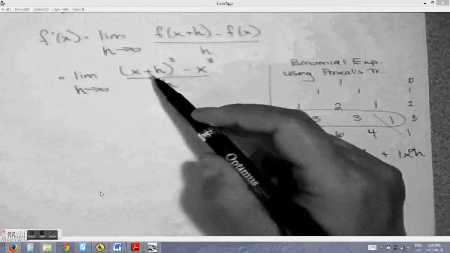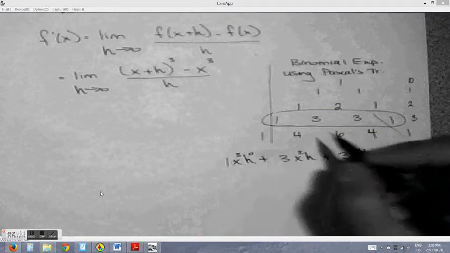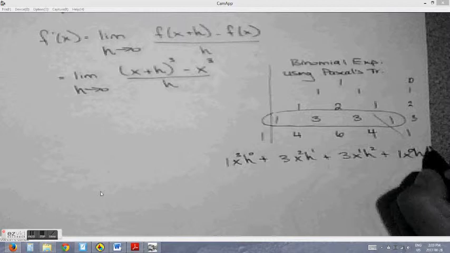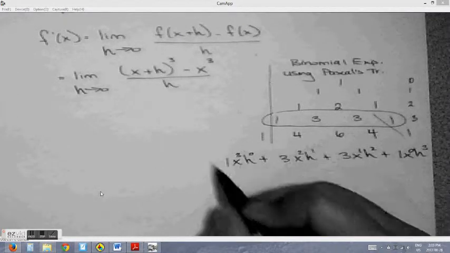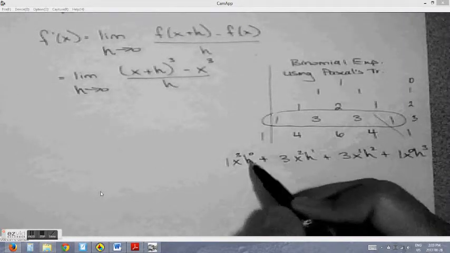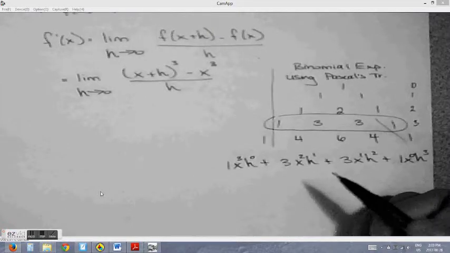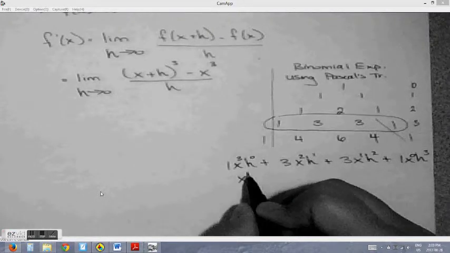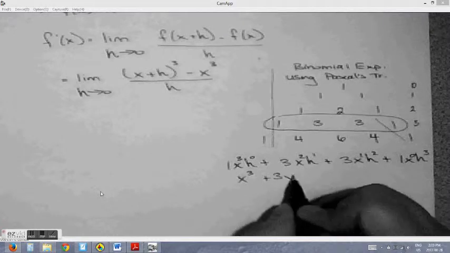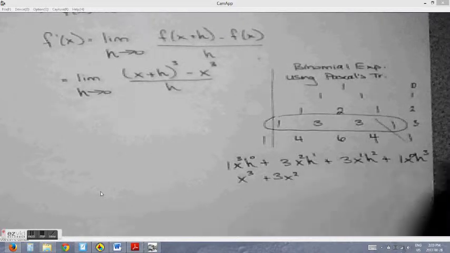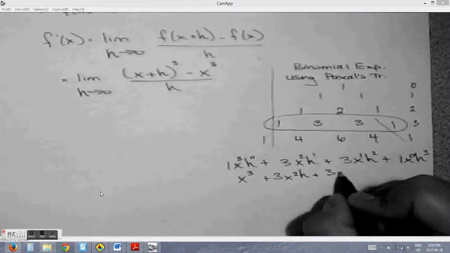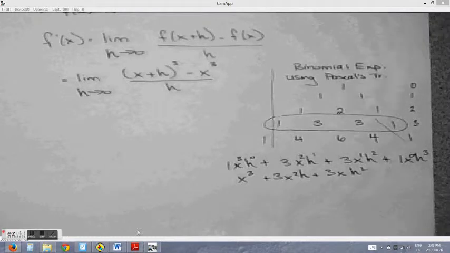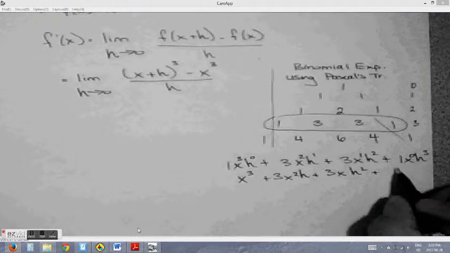We take h, which starts at 0 and increases up to 3. Simplify. Remember, anything to the exponent 0 is just 1. So that simplifies to x cubed plus 3x squared h plus 3x h squared plus h cubed.